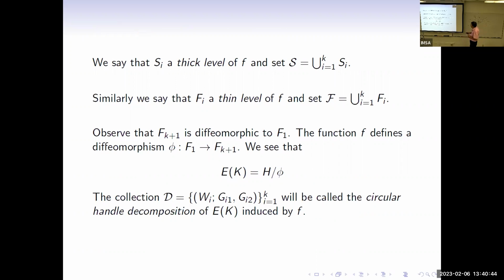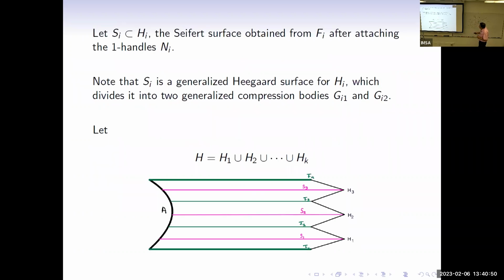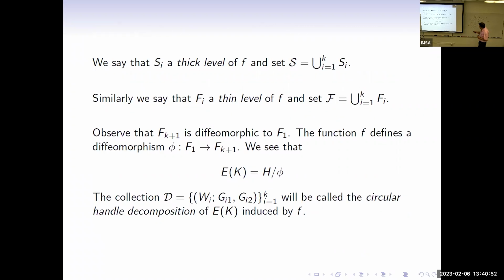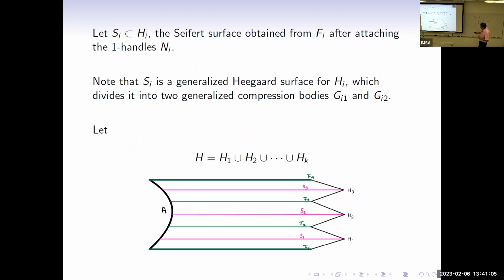And then we call this a circular Heegaard decomposition. For W, I think here is not W, here should be Hi and D1, D2. So Di1 is this part and Di2 is this part.